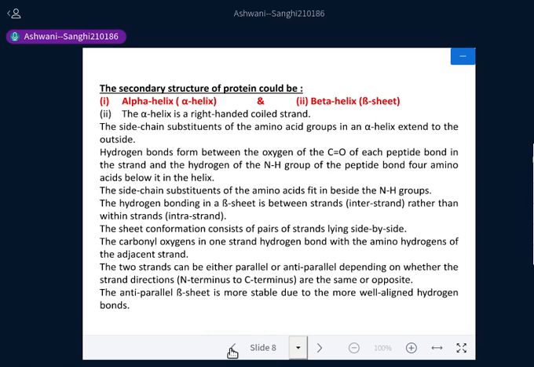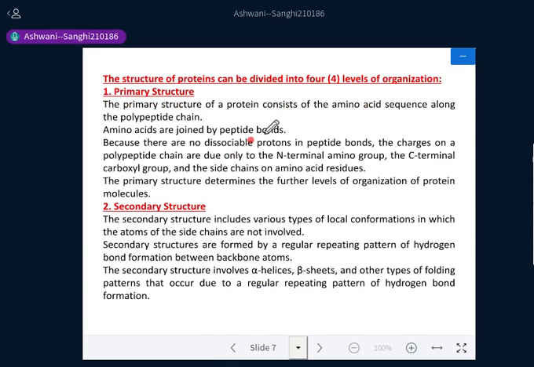First is the primary structure. The primary structure of proteins is the sequence of amino acids. In this structure, only peptide bonds are present. The amino acids are joined together by peptide bonds.